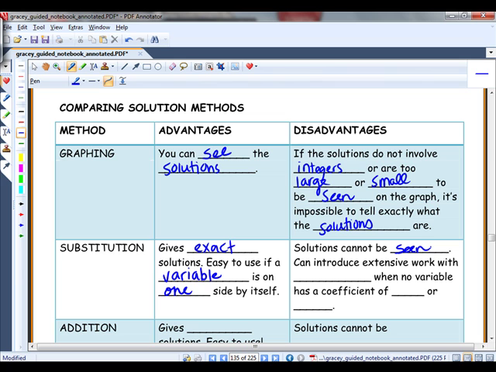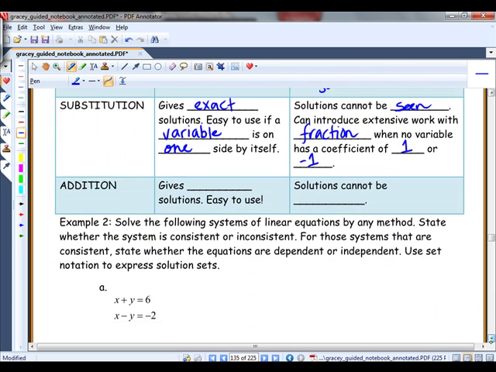Can introduce extensive work with your favorite fractions when no variable has a coefficient of 1 or -1. And the addition method, it gives exact solutions. It's easy to use, but your solutions cannot be seen.